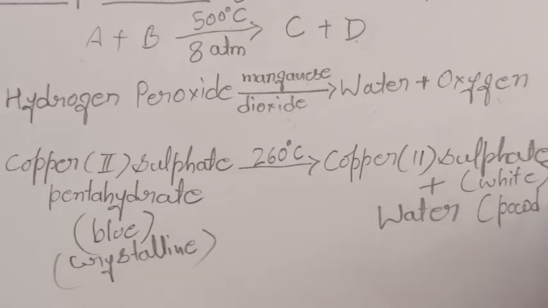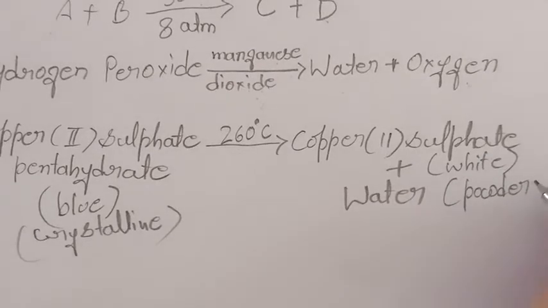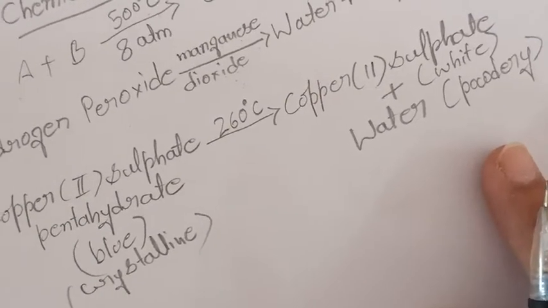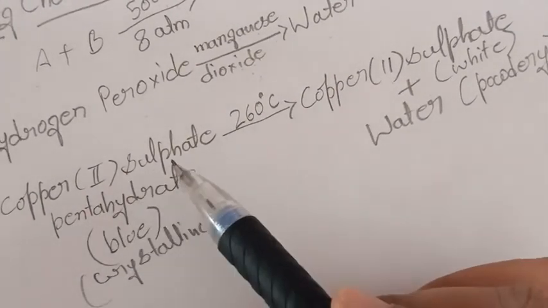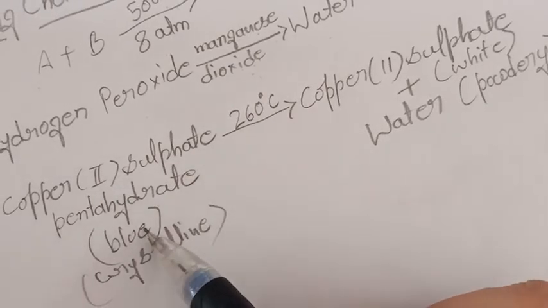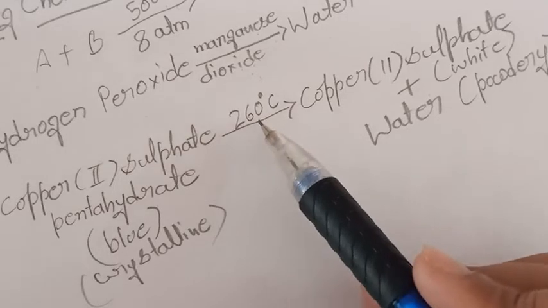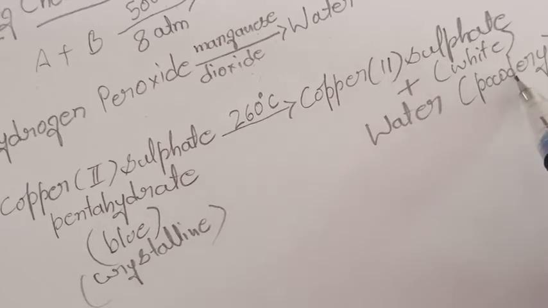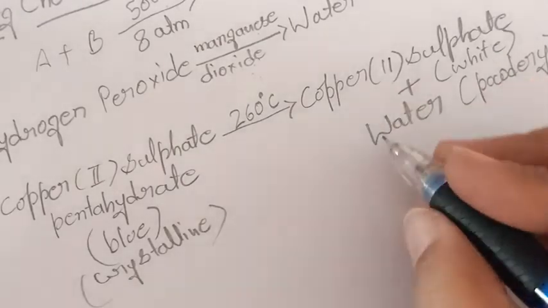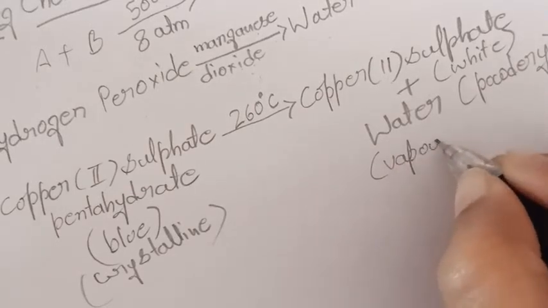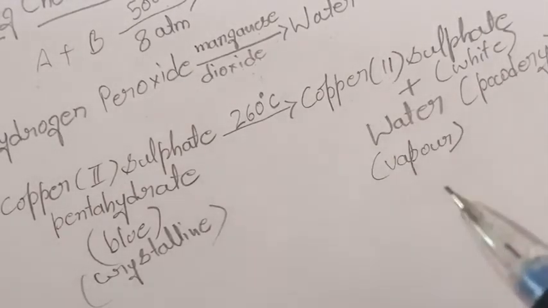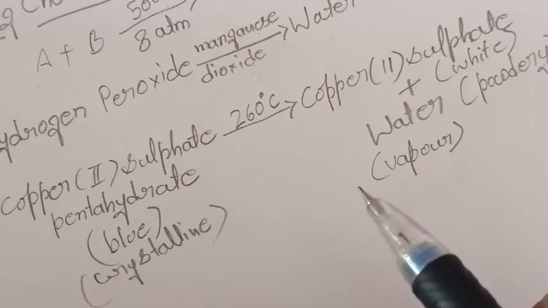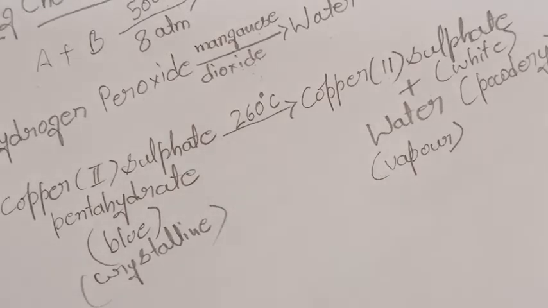So in this reaction I have mentioned that copper(II) sulfate pentahydrate, a blue crystalline solid, on being heated at 260 degrees Celsius is converted into copper(II) sulfate, which is a white powdery mass, along with water, and water is present in the form of vapor. So in this reaction I have mentioned the color as well as the states of reactants and products, and this is one method for making a chemical reaction more informative.